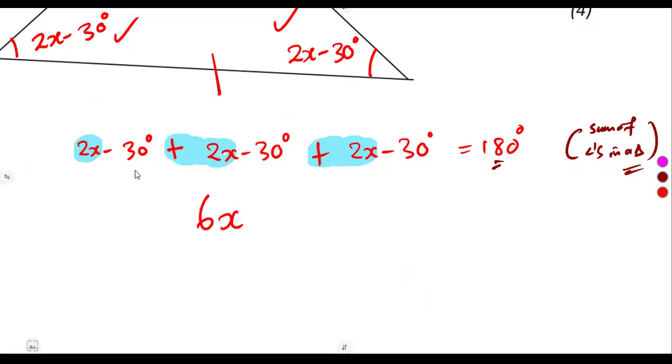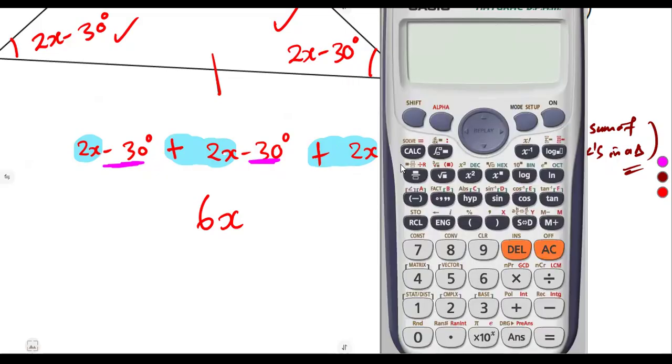Then on the numbers, we've got minus 30, minus 30, minus 30. You can use your calculator, guys, if you do not understand this. Minus 30, then you subtract another 30, and another 30. This is negative 90.